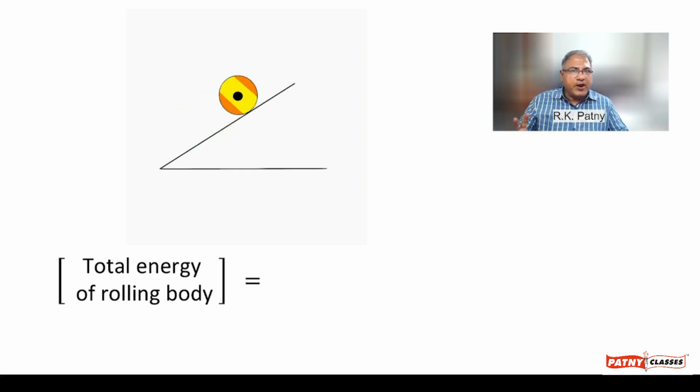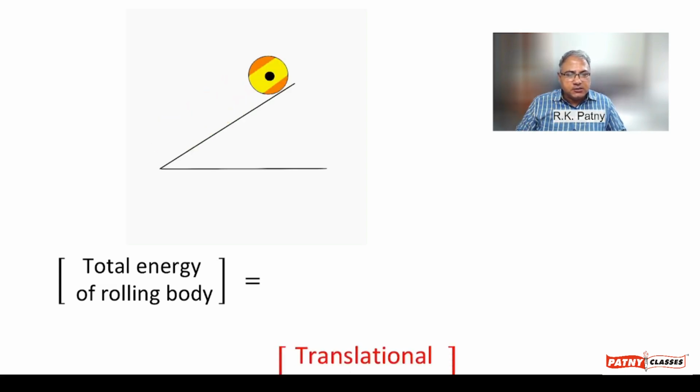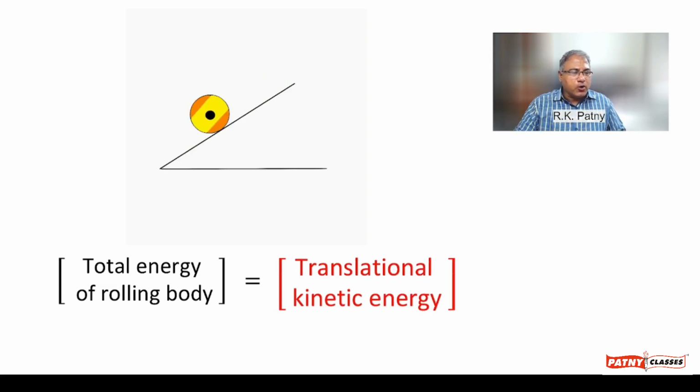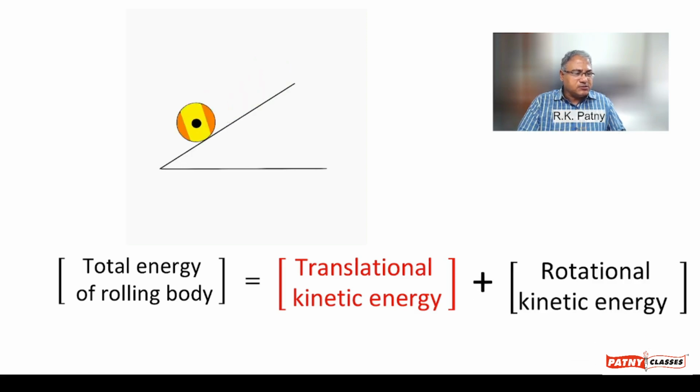To find the total energy of a rolling body, we need to add rotational kinetic energy and translational kinetic energy. That is, total energy of a rolling body equals translational kinetic energy plus rotational kinetic energy.